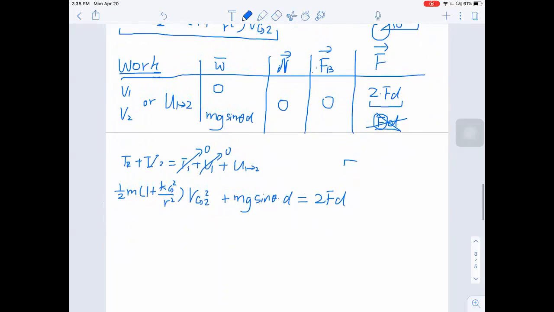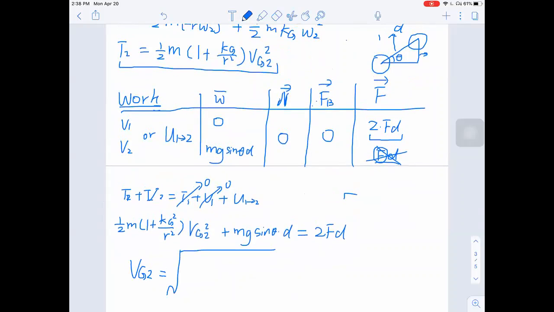Therefore, VG2 equals the square root of (2 times FD minus mg sine theta d) divided by (1/2 times (1 plus kG square over r square) times m).